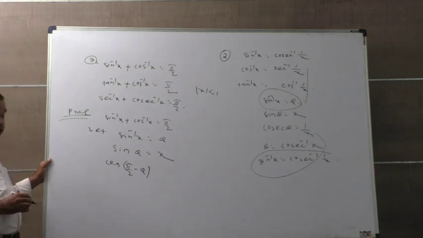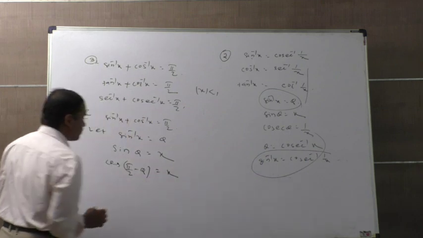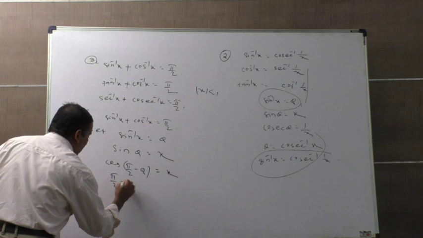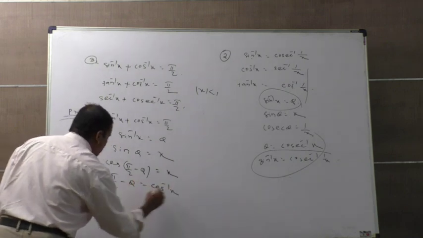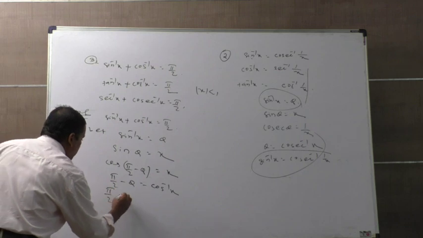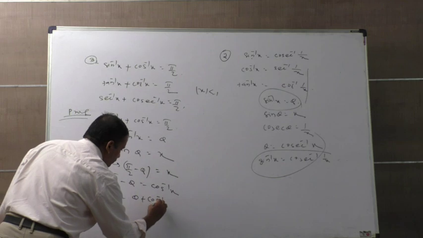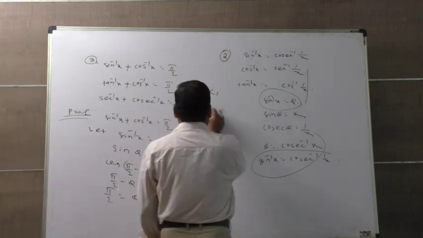We know this from first year. So cos of pi by 2 minus theta is equal to x. Take the cos to the right side. This will be pi by 2 minus theta is equal to cos inverse x. Pi by 2 is theta plus cos inverse x, because minus theta goes to the right side as plus theta.